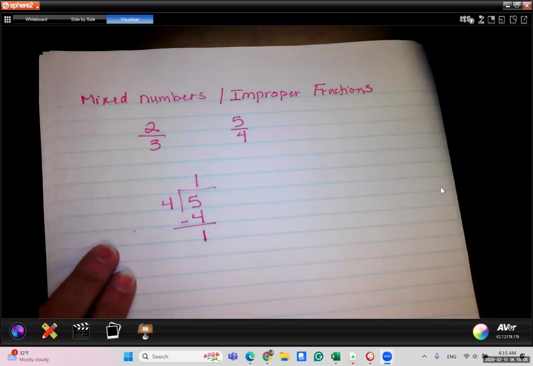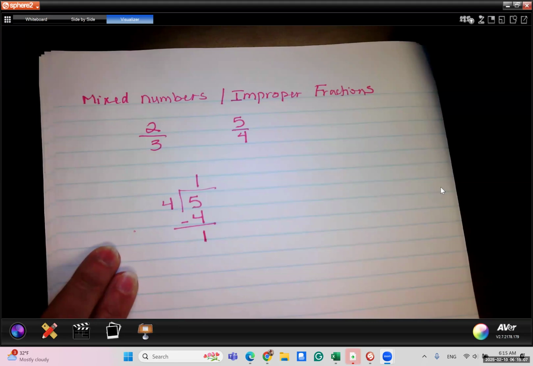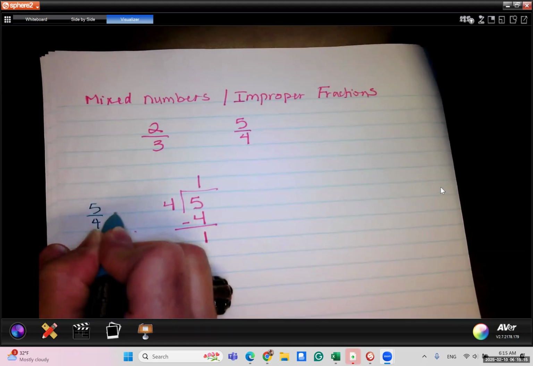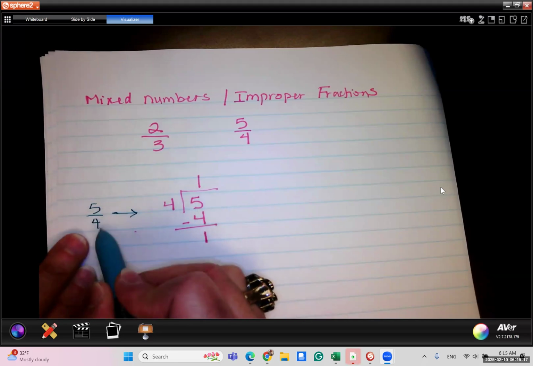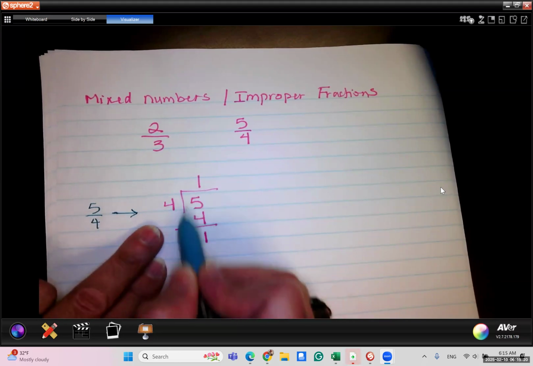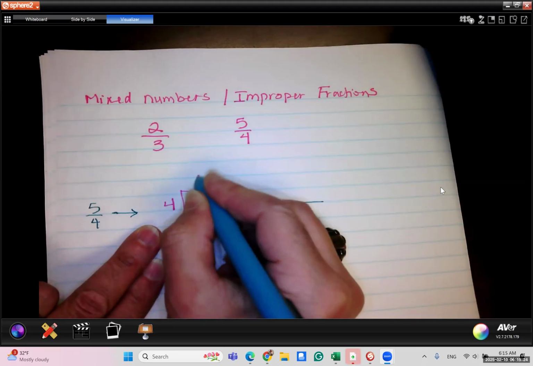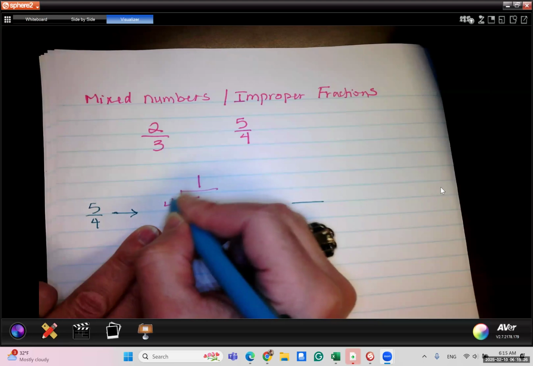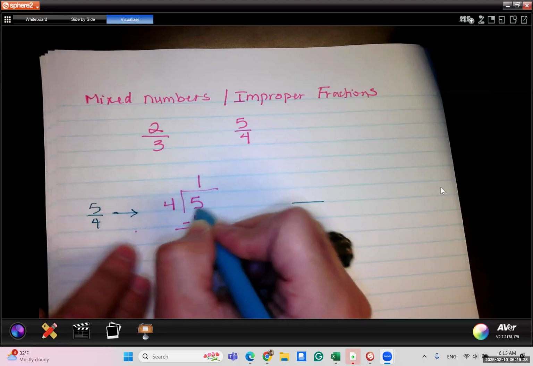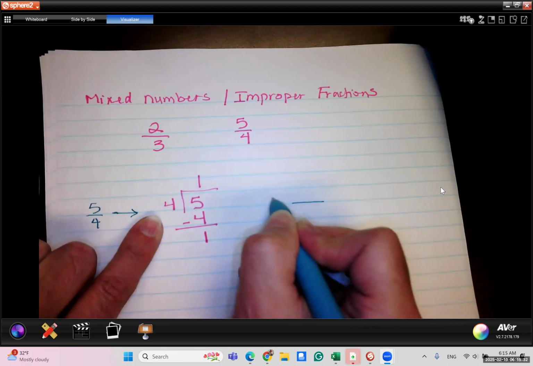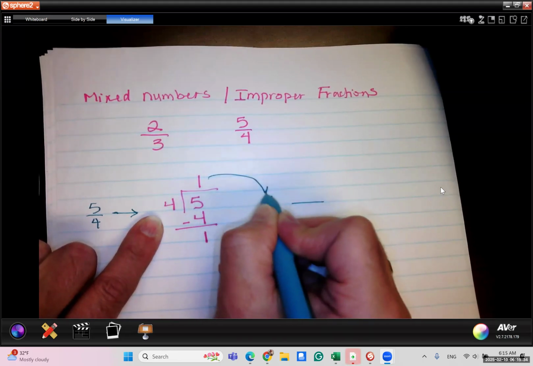So this gives me the parts of my mixed number. A mixed number is a combination of a whole number and a fraction, okay? So to change 5/4 to a mixed number, we divide 5 by 4, which is what we did over here. The number of times 4 goes into 5 completely is your whole number, okay?